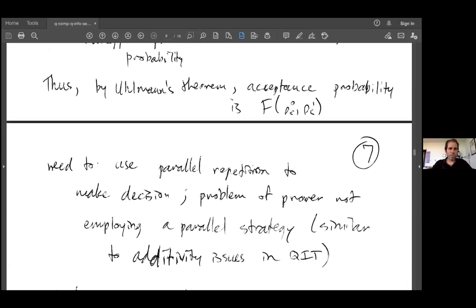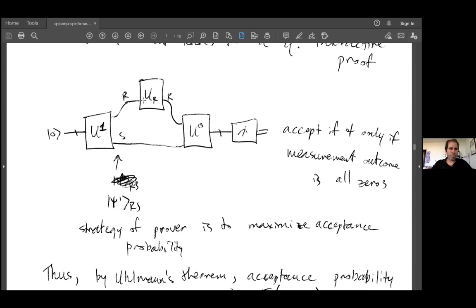The prover does not have to employ a parallel strategy. If I'm doing a repetition of this algorithm, a strategy of the prover is to do the maximizing unitary UR every time. But the prover does not have to do that. The prover can act jointly on all these reference systems with some unitary.